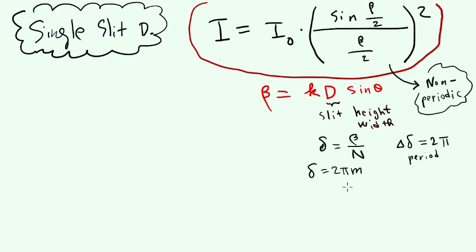That was the principal maximum condition, and then the minimum intensity corresponded to 2 pi m plus 1 over n times 2 pi, 2 over n times 2 pi, and so on and so forth.